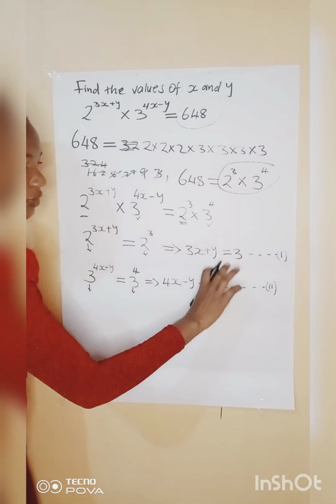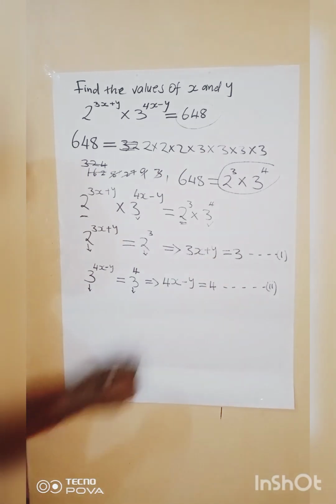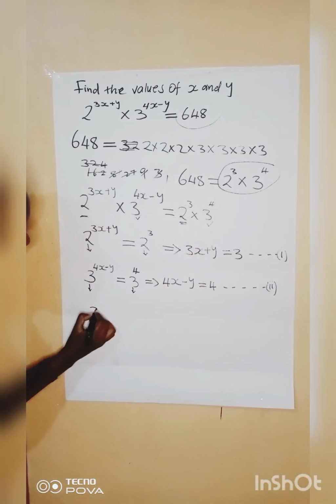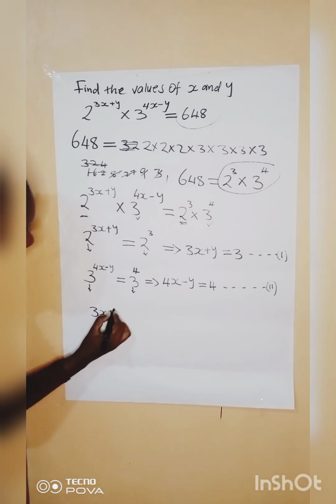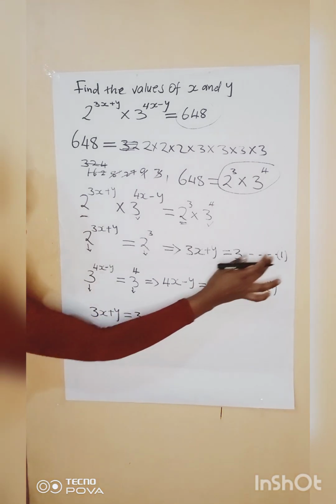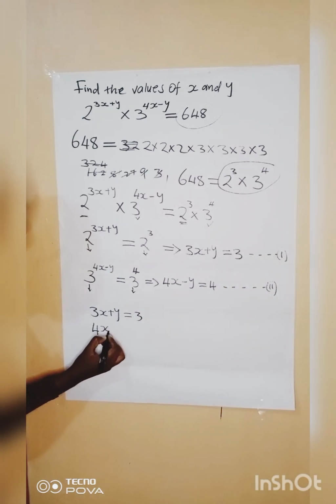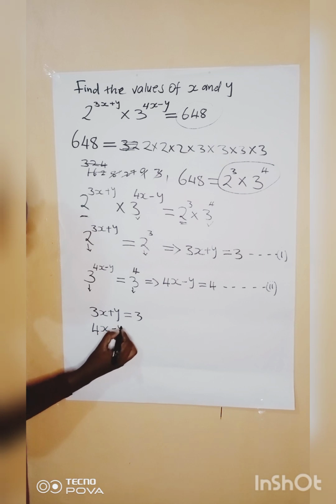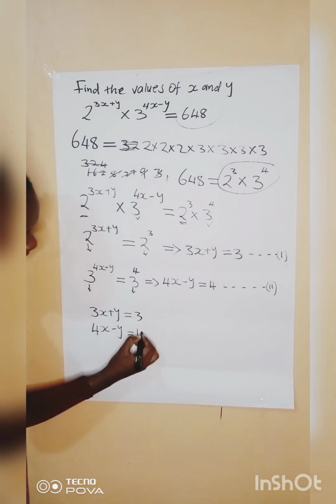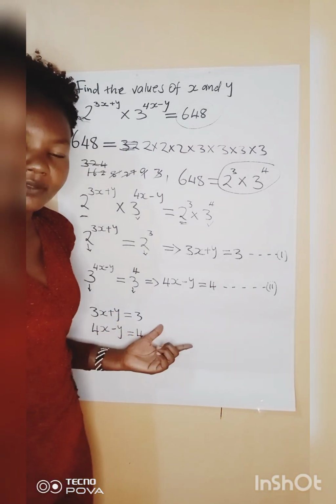Now you realize that we have two equations and both have x and y, so I can write them here. 3x plus y equals 3. This is our first equation. Then another equation here we have 4x minus y equals 4. Now what we have here are simultaneous equations.